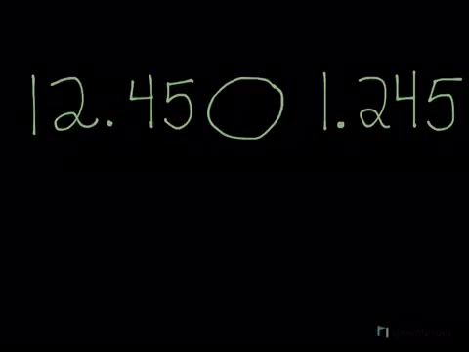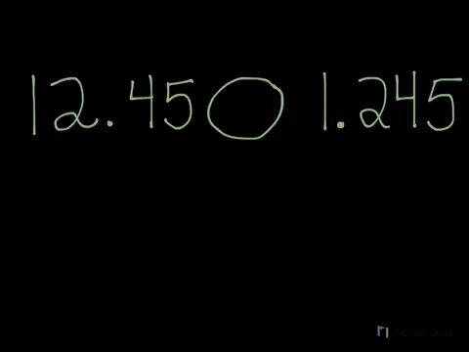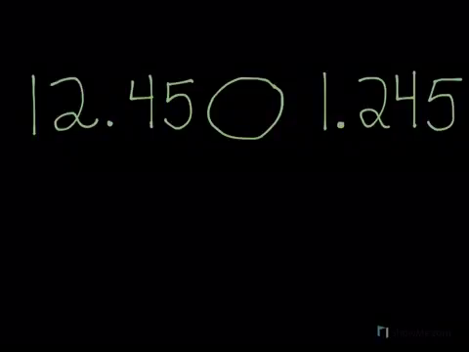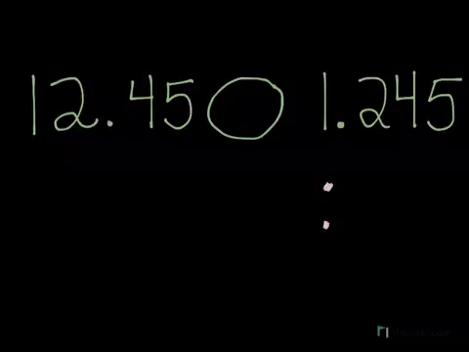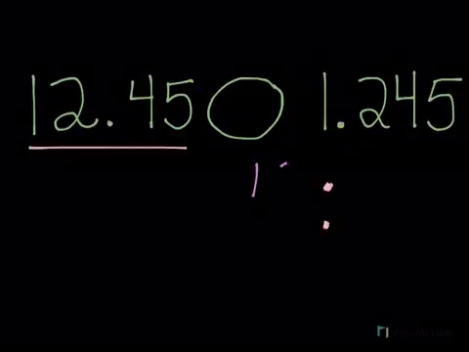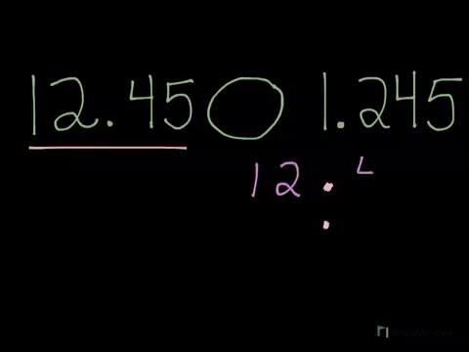Okay, in order to compare these two decimals, we're going to use a strategy where you draw your decimals first. So, I'm going to put a decimal point, decimal point. I'm going to write my first number, which is 12.45.